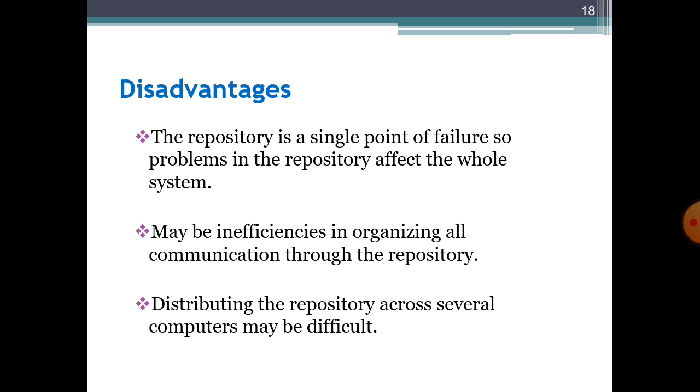The more important drawback is that distribution of our main repository across several computers may be a very hectic or difficult task. So these are the three main drawbacks of this repository architecture: single point of failure, inefficiencies in any organization in terms of communication through this repository, and the distribution of the repository across several computers.